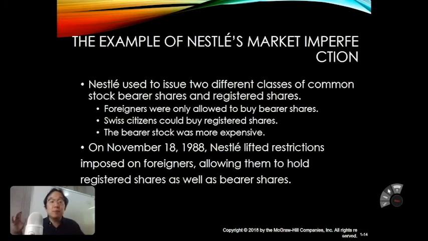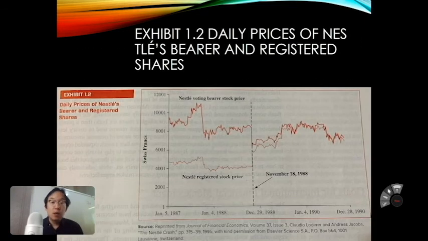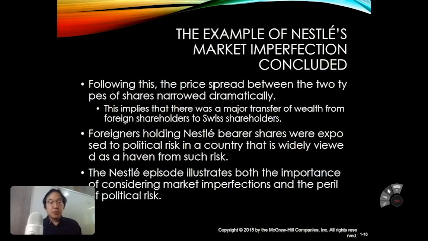Demand was high from the outside world, but now you have another choice, which is registered shares, just like any other domestic Swiss people. So the demand went down. There's almost no difference between these two classes of shares. The prices must have converged on the day of the announcement. This is market efficiency.